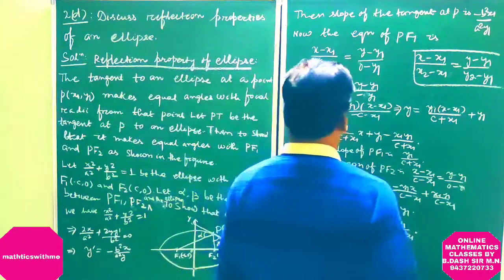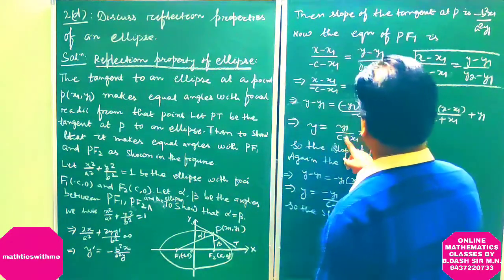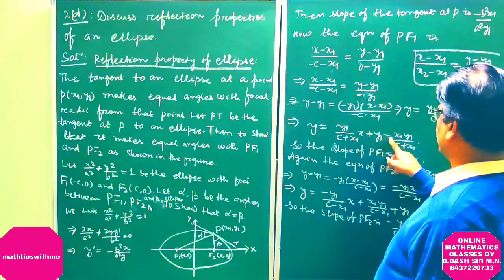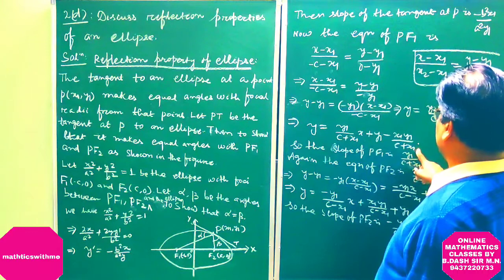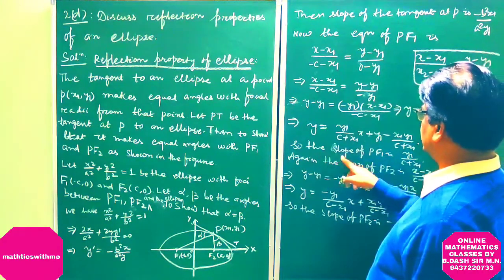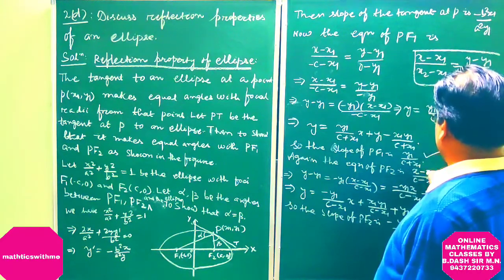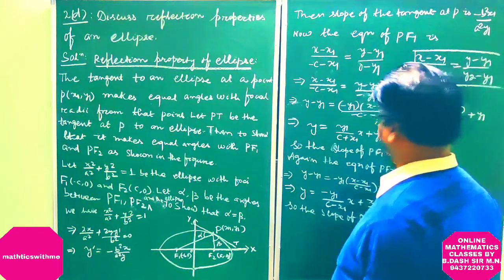Simplifying, we get y = (y1/(c + x1))x + y1 − x1y1/(c + x1), from which we get the slope of the line PF1 is y1/(c + x1).